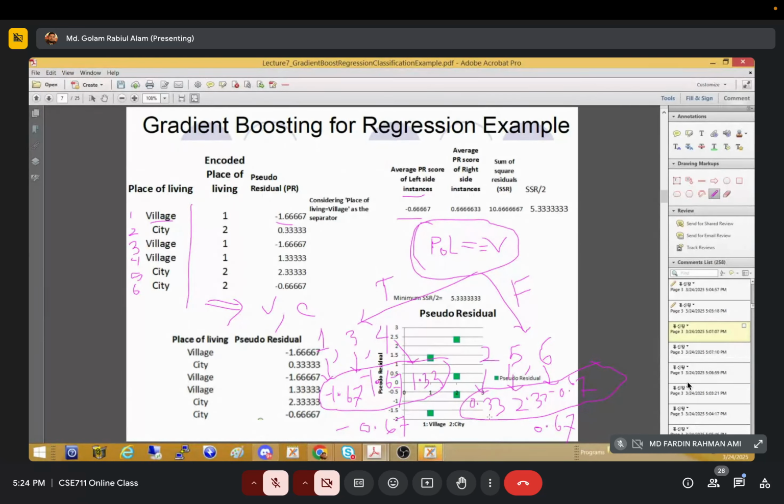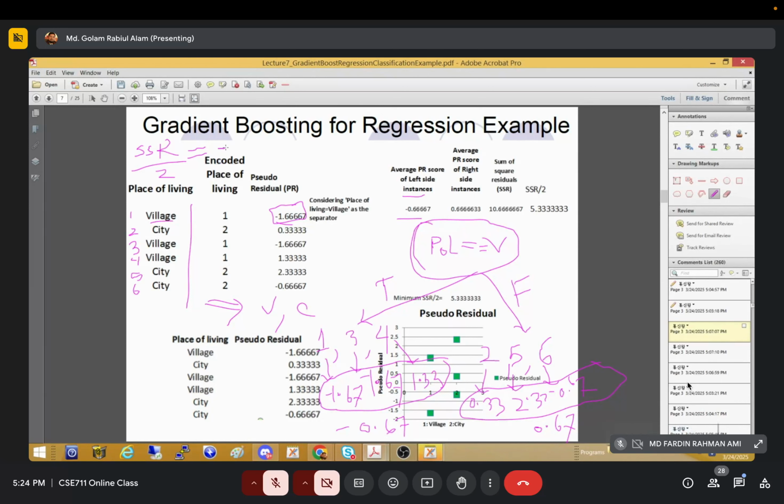Now these are the predictions. So if we consider these are the predictions, then we have to find the SSR again, the sum of squared residuals divided by 2. Originally the value is this one, but the prediction is negative 0.67.